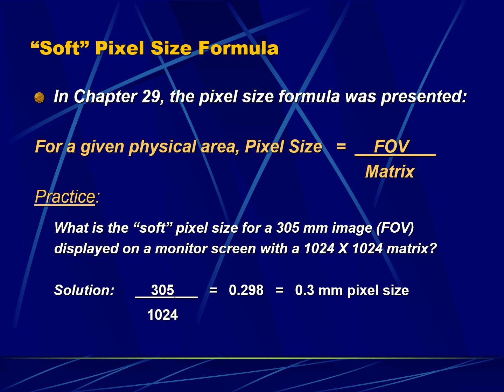So when we say a matrix size of 1024, that means the side length of the matrix is 1024 pixels long on your imaging plate. 305 millimeters would be 30.5 centimeters, and that's going to be about 12 inches long, okay? So 1,024 pixels evenly spread over 12 inches, and so your pixel size becomes that ratio. It looks like they worked it out to 0.3 millimeter pixel size, right?